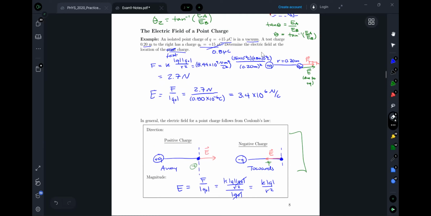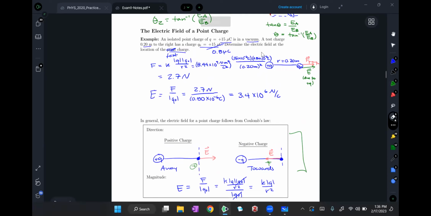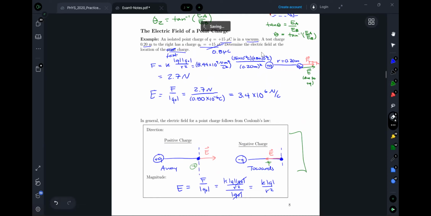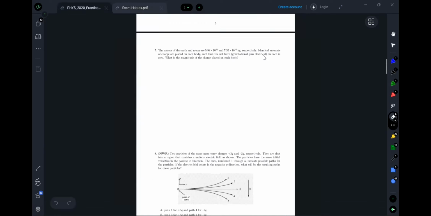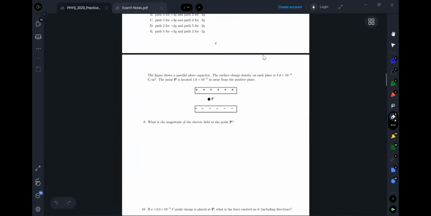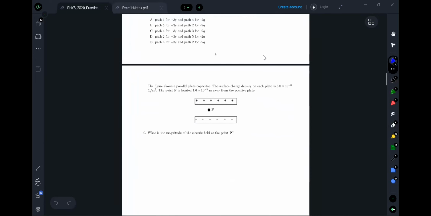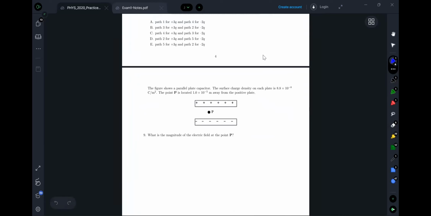All right, other questions? Number 9 on the practice problems. Okay, so got a parallel plate capacitor. We're given something about surface charge density. And we've got this point 1 times 10 to the negative 5 meters away from that positive plate.